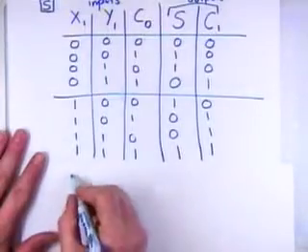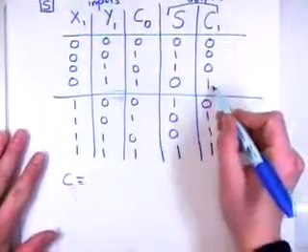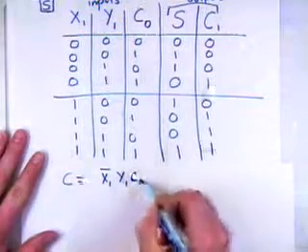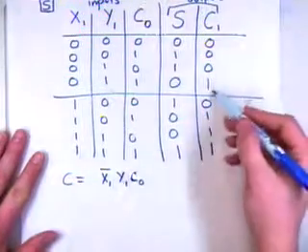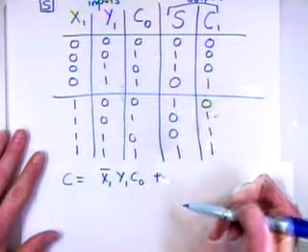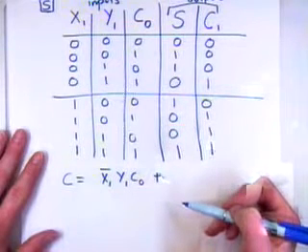Now let's look at our carry bit and figure out what minterms we're going to need for that. So again, we have 4 ones in our column for C. Our first one is when x1 is false, and y1 and c0 are true. And if you notice, we're going to have terms where 2 of the bits are 1s, right?